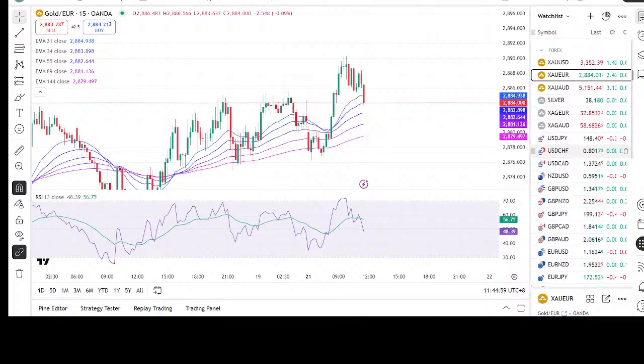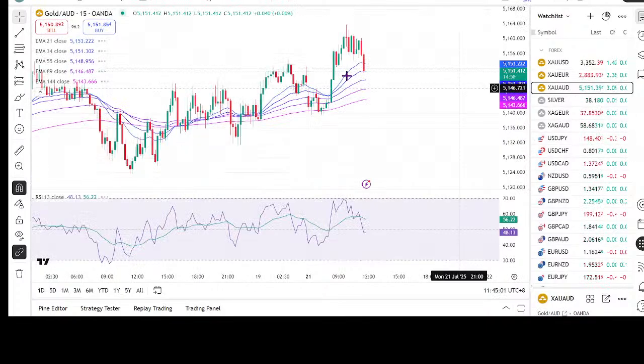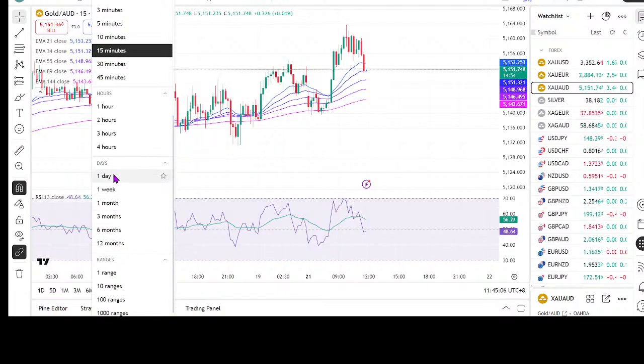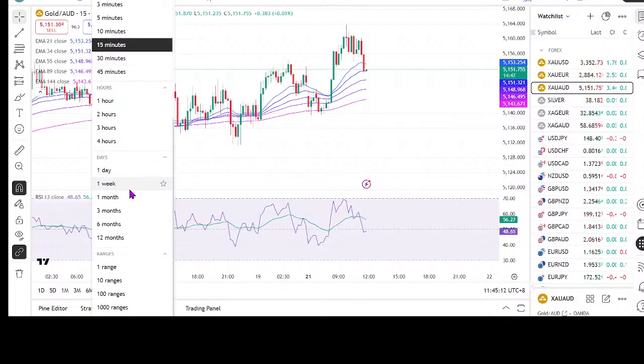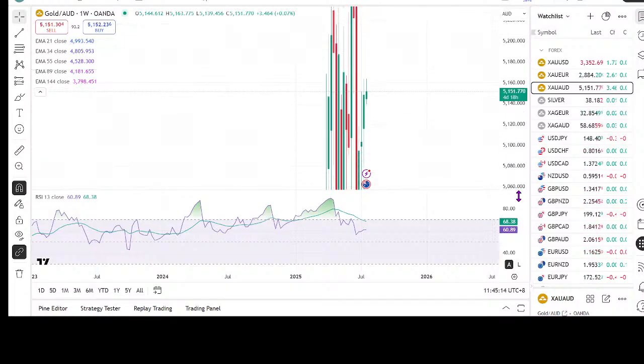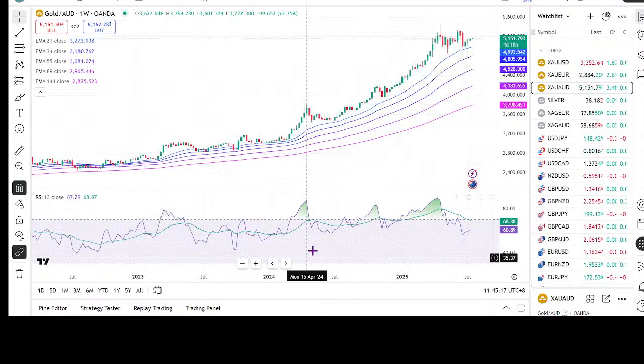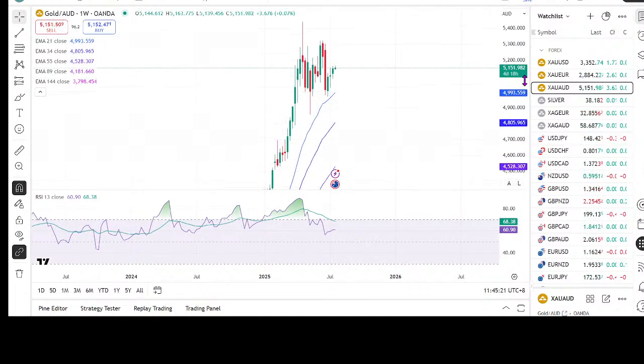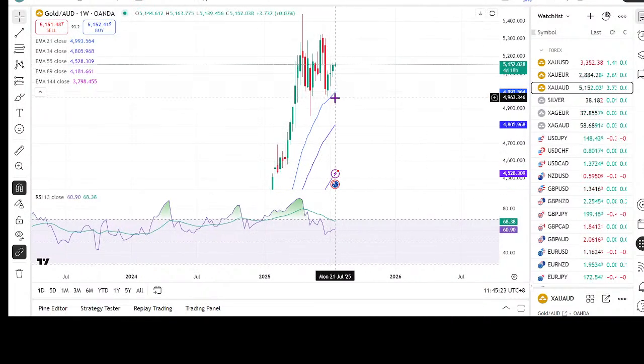Finally, we are going to see gold Aussie. Then after that, later on, in the second session, we'll try to go on indices. So let's look at the weekly range for gold Aussie. Okay, the gold Aussie is showing the price is creeping higher, but still within this long range candle.